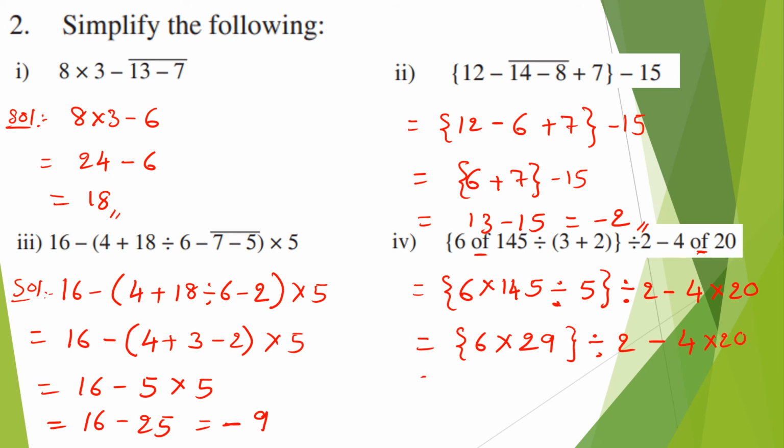29, and divided by 2 and minus 4 into 20. 6 into 29, how much is it? 6 9s are 54 and 6 2s are 12, plus 5 is 17, so 174.